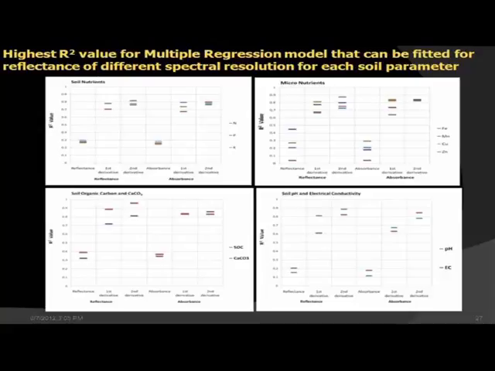When you take the reflectance or absorbance, the R square value lies around 0.3. When you go to the first or second derivative, the R square value almost doubled. That means the mathematical transformations we have done give more information than the raw spectra. So the recommendation is that one should look for spectral transformations and use those for retrieving soil parameters for better understanding.